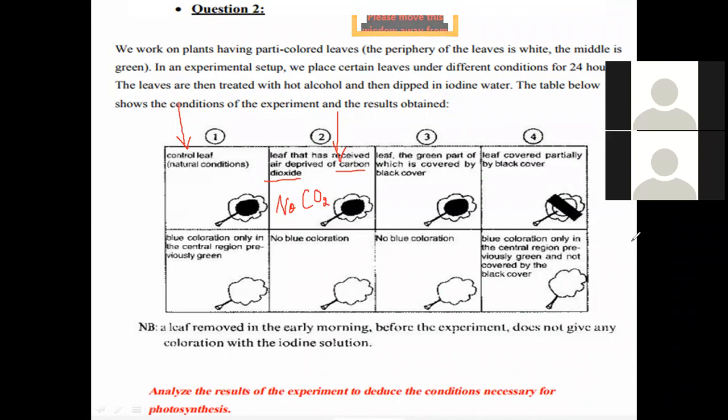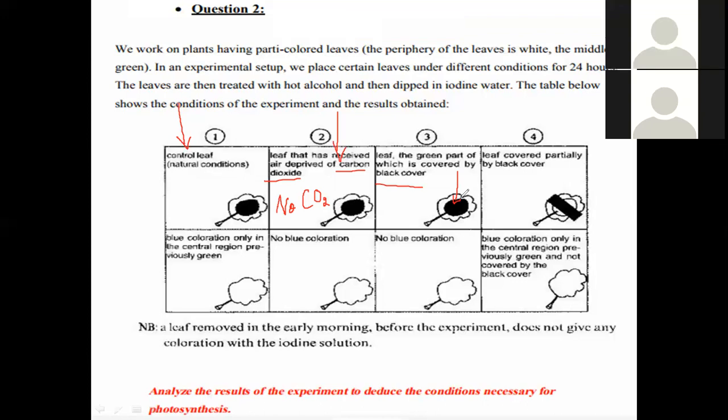After adding some iodine water on the leaf, the green part was covered by a black cover. So there is no blue coloration. What can you deduce here? What is the condition needed for photosynthesis? If it's covered by a black cover, there is no what? No photosynthesis. Yes, but what is the missing condition here? There is no black, there is no what?